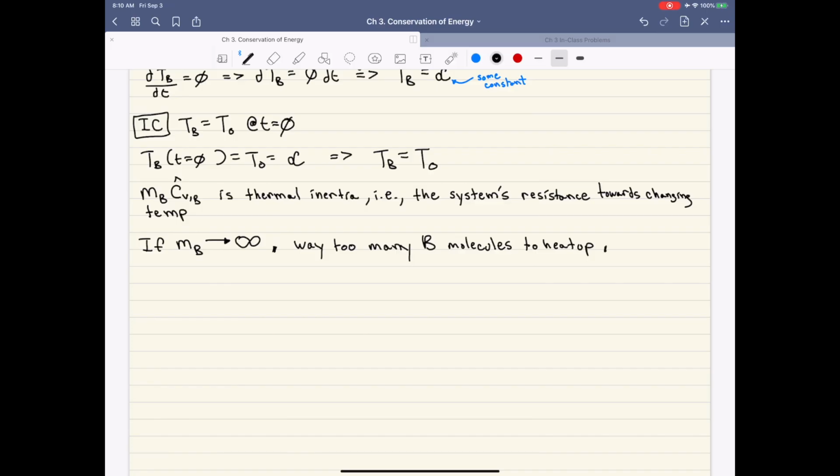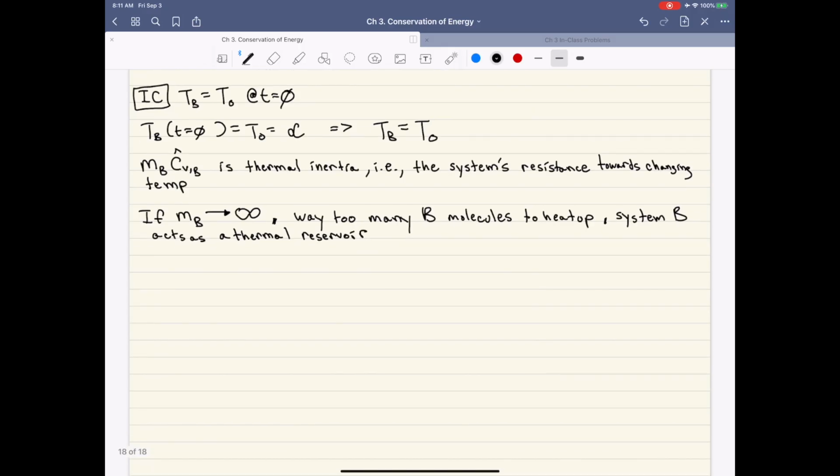And so when this happens, we essentially say that system B acts as a thermal reservoir. Right? And so the concept of thermal reservoirs is going to come up quite a bit in thermodynamics. Okay? So if the mass of the system is infinity, that just means your system is very big relative to the gas. The cylinder is very big relative to the gas.